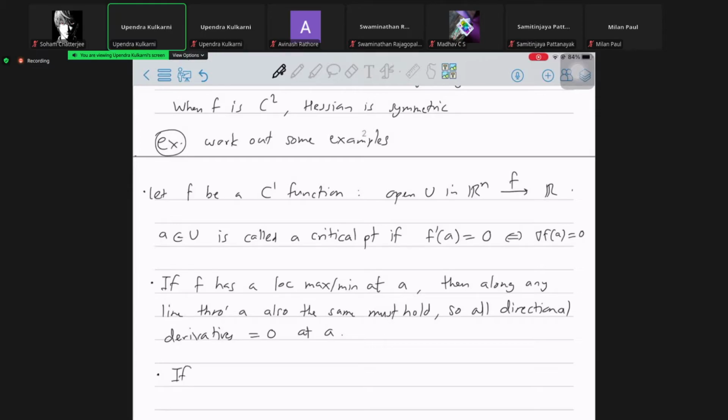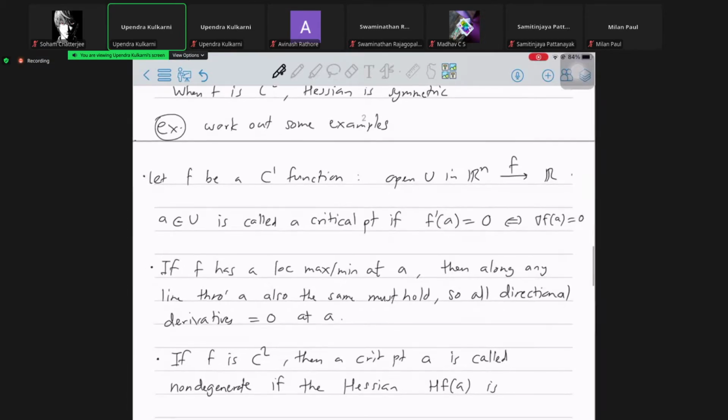If f is C2, then a critical point A is called non-degenerate if the Hessian Hf is non-singular.